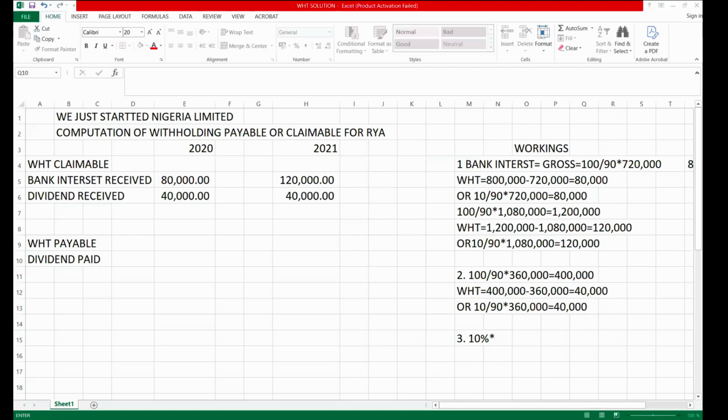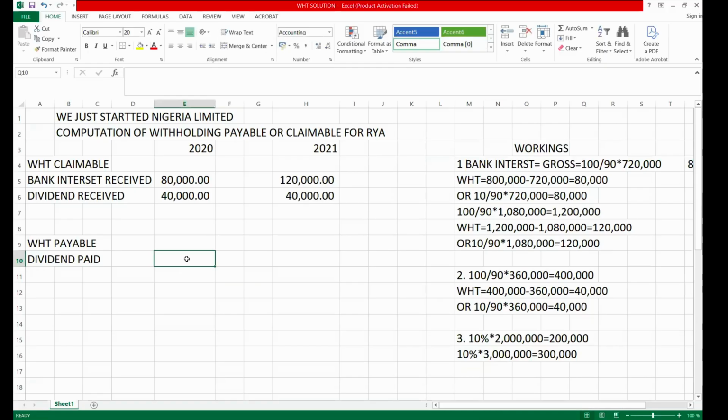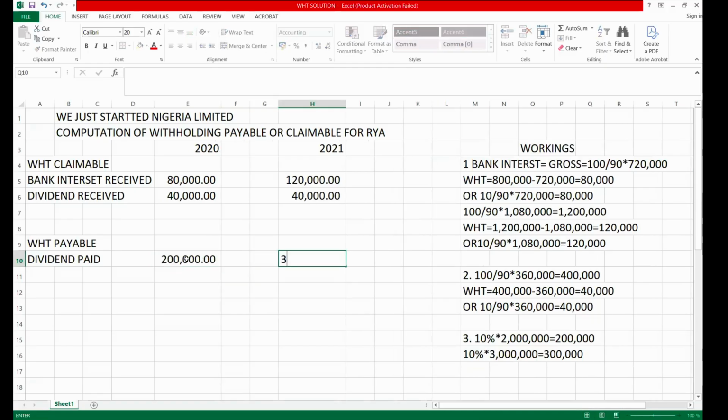So 10% multiplied by 2 million gives us 200,000, and 10% multiplied by 3 million gives me 300,000. So on dividend withholding tax, we have 200,000 and 300,000.